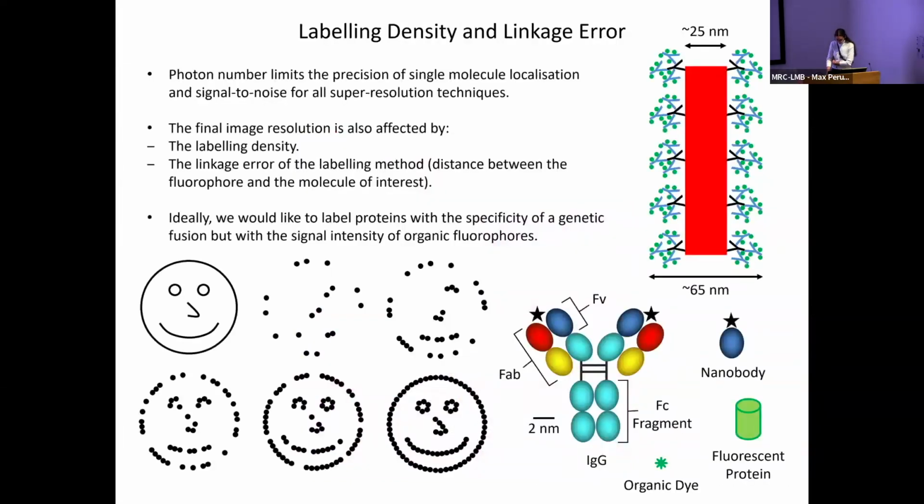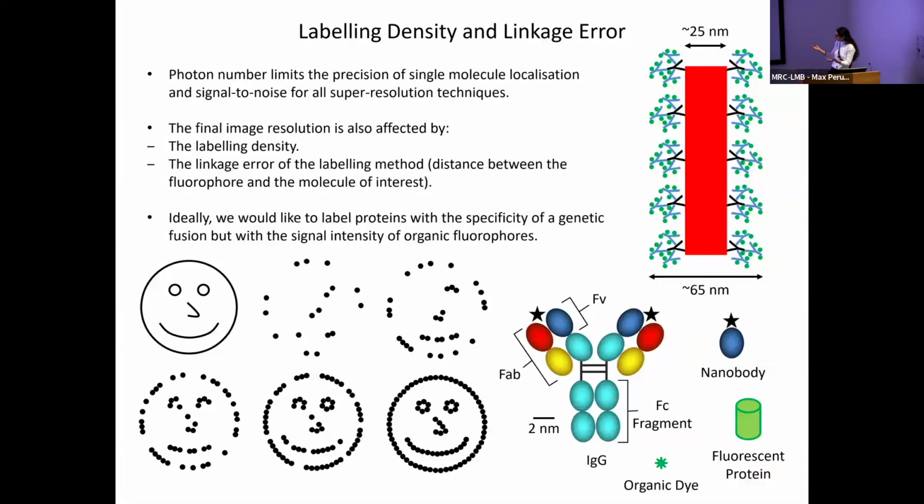Oh, yeah, again, to mention that the labeling density is also a key parameter when you do storm microscopy. If you don't have enough labeled molecules, fluorescent molecules attached to your sample, then you don't resolve your structure anymore.